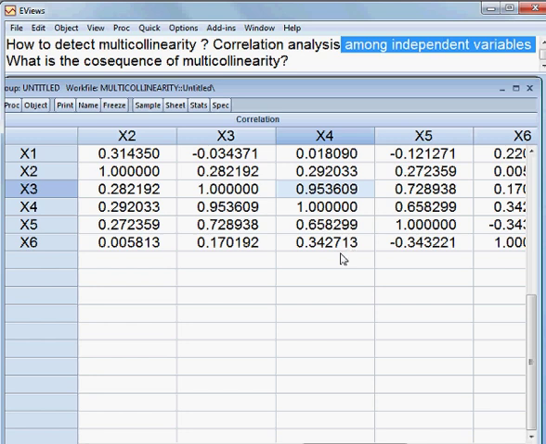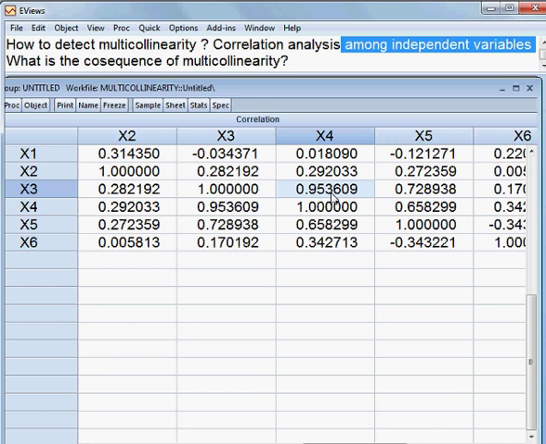So I'm telling again, because the correlation between x3 and x4 is very high, 95.36%, the problem of multicollinearity has arisen, and that is why most of the variables have become insignificant.